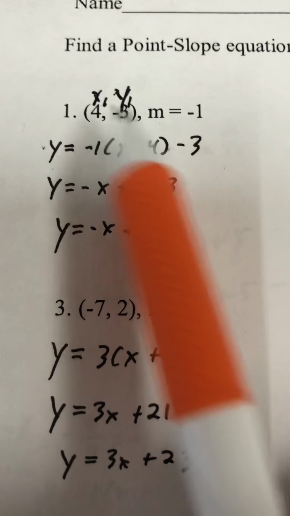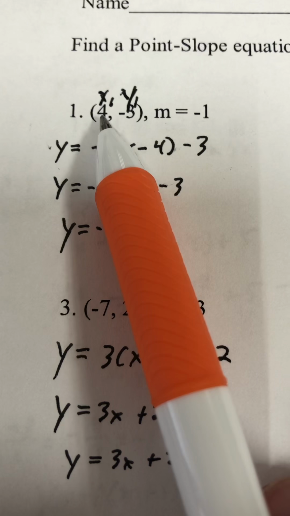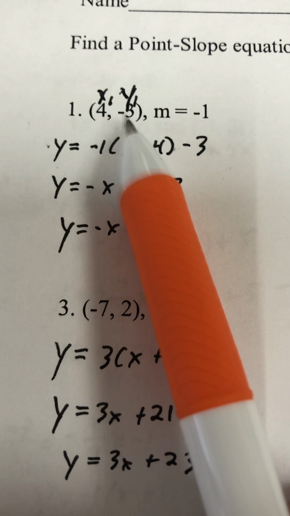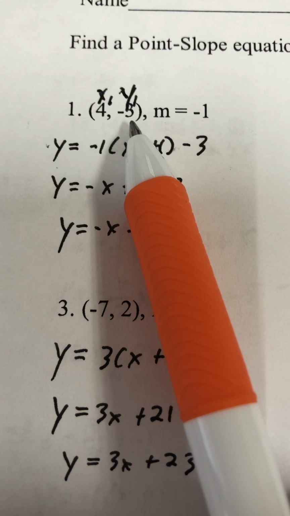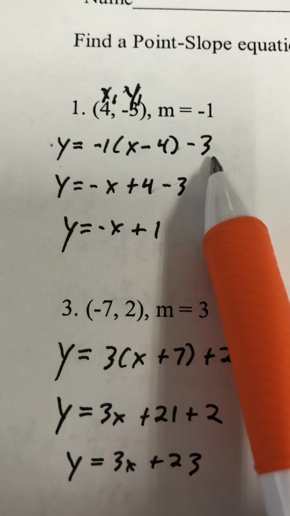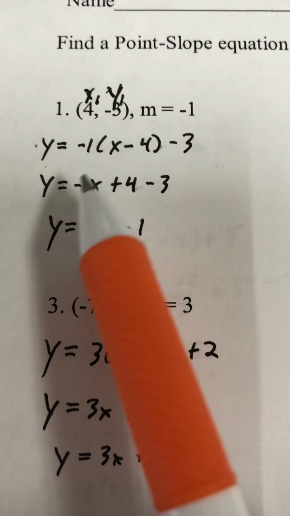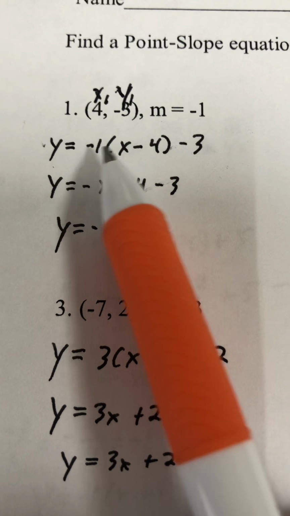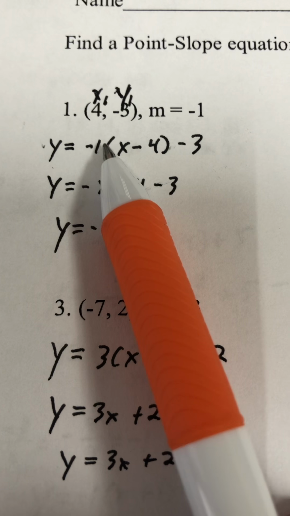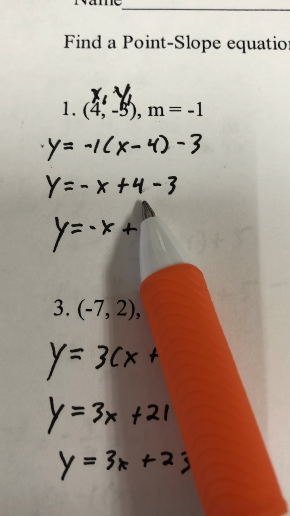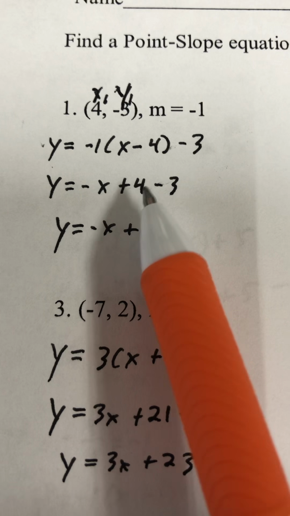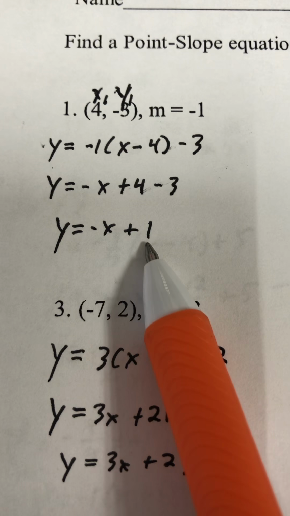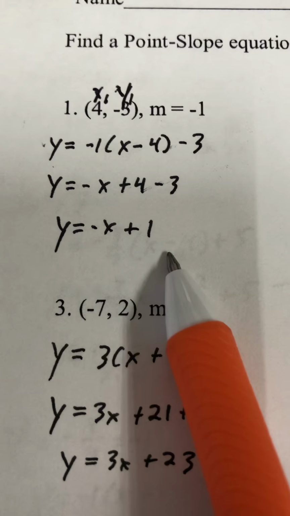So I just plug in minus my x1 and plus my y1, and that's a negative 3, so I have to minus 3. Then I use the distributive property. Negative 1 times x is negative x. Negative 1 times a negative 4 is a positive 4. Then I combine my like terms. 4 minus 3 is 1, and I bring everything else down. And this is my equation.